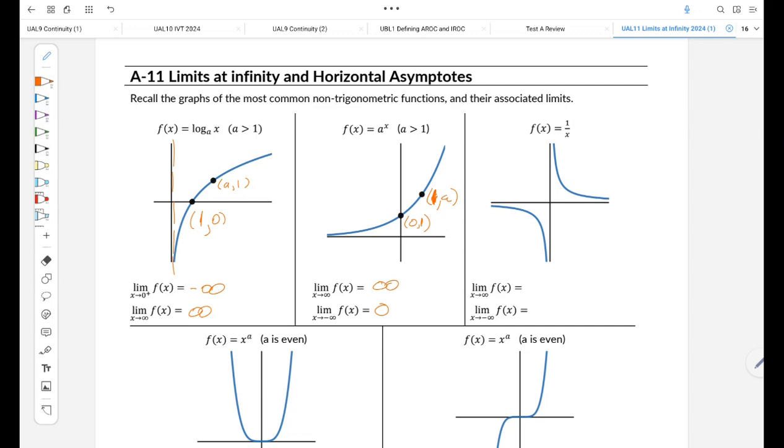Much along those same lines, but simpler, when we look at 1 over x, this is what the graph of 1 over x looks like. It's got a vertical asymptote at x equals 0. I don't have that listed here. Maybe I should. It's got a vertical asymptote at x equals 0. It's got horizontal asymptotes at y equals 0. It is kind of like a mirror image of itself across this diagonal line here.